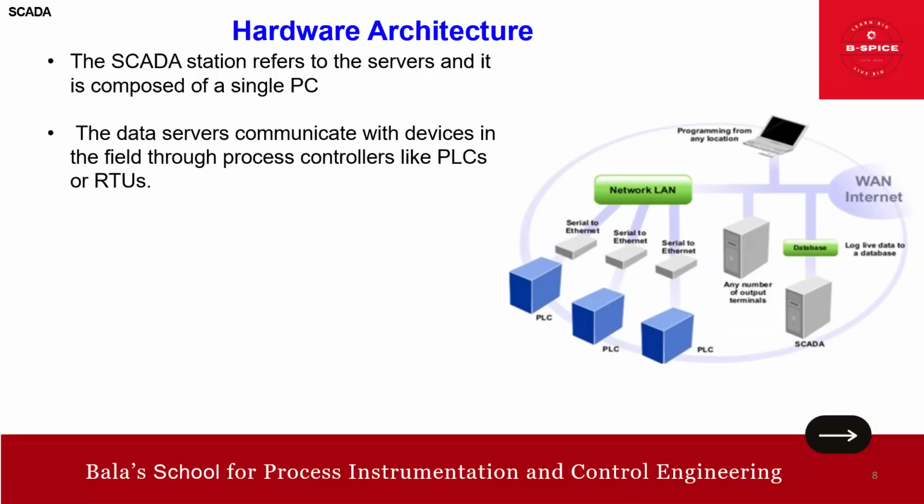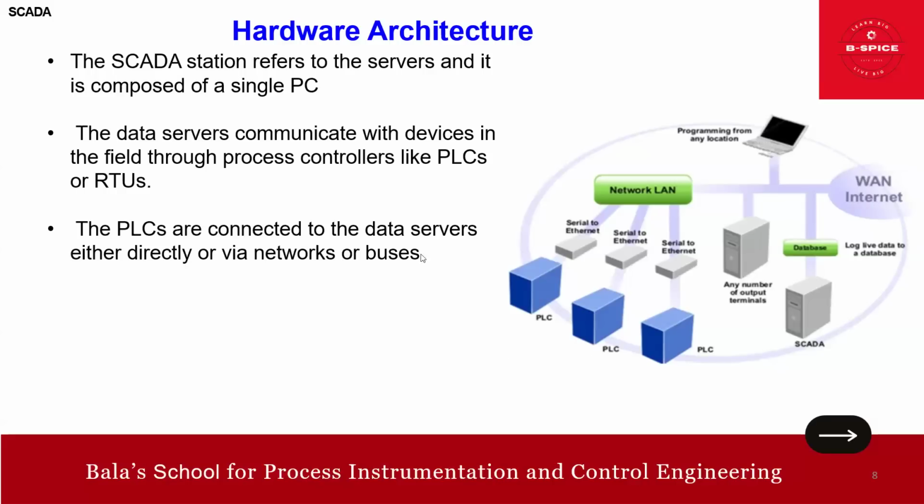Can you visualize? So here devices are there. The data server will communicate to the devices through the process controllers like PLC or RTU. Okay, friends, I hope this is clear, right?